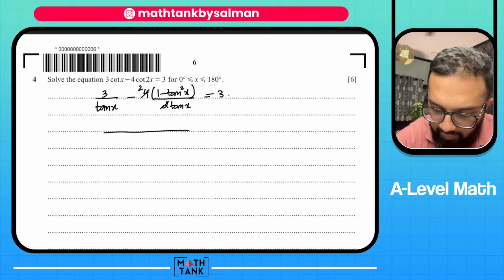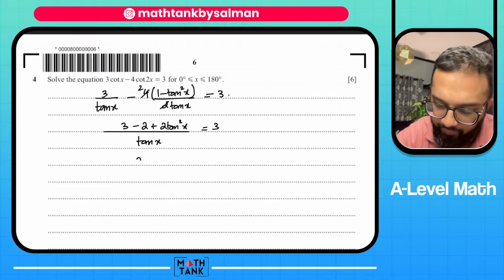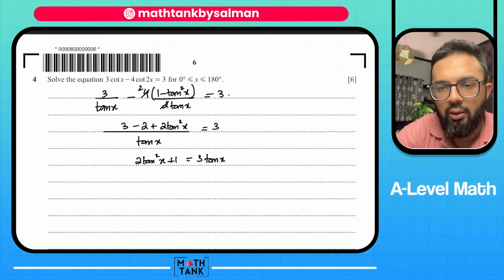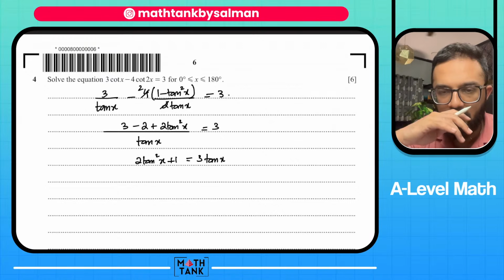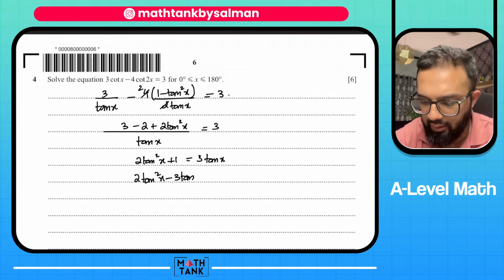So I have tan x as the denominator, 3 minus 2 tan squared x, equals 3. So 2 tan squared x plus 1 equals 3 tan x, and then 2 tan squared x minus 3 tan x plus 1 equals 0.